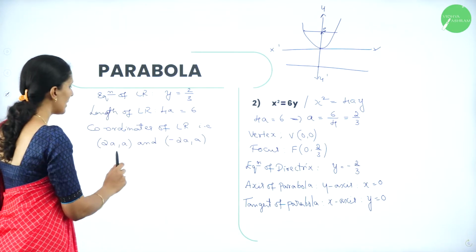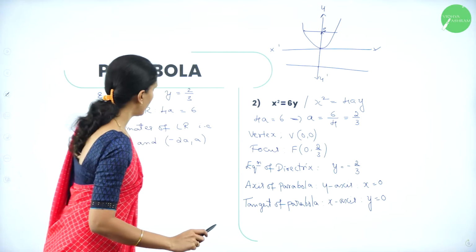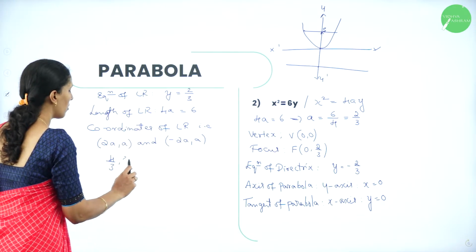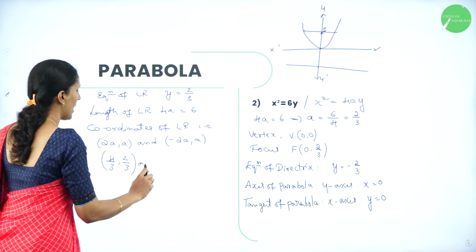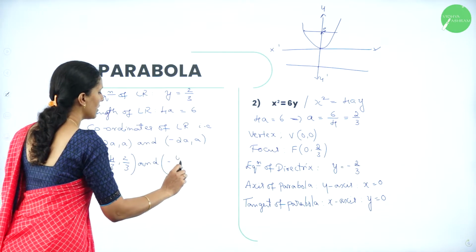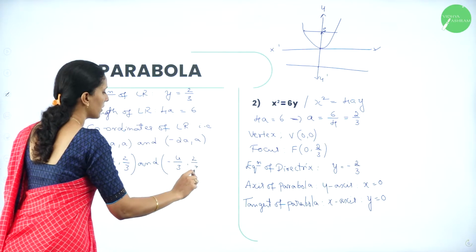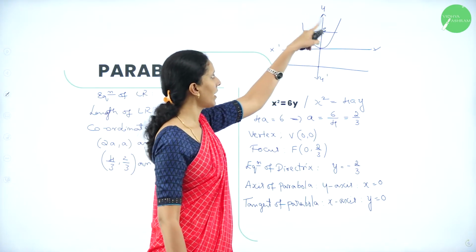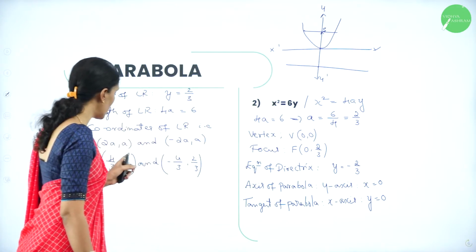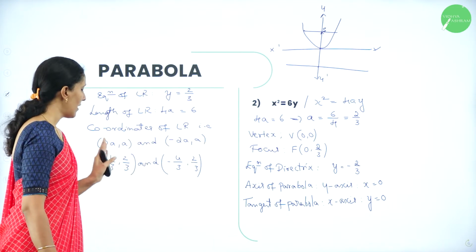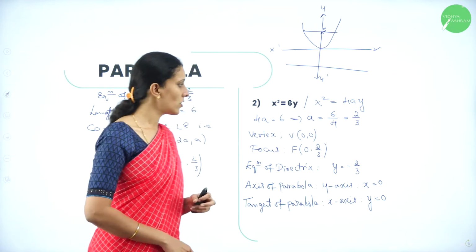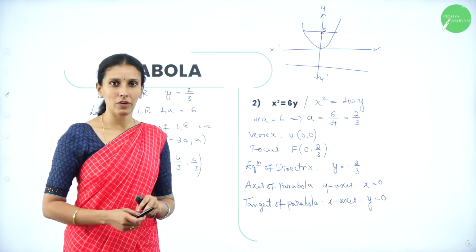So let's see what a is. a is 2 by 3. So 2a becomes 4 by 3. So it is (4 by 3, 2 by 3) and (minus 4 by 3, 2 by 3). Because only the x coordinates are positive and negative, y coordinates are positive. So therefore it is 2 by 3 on either side and 4 by 3, minus 4 by 3. So these are the characteristics of the given equation.